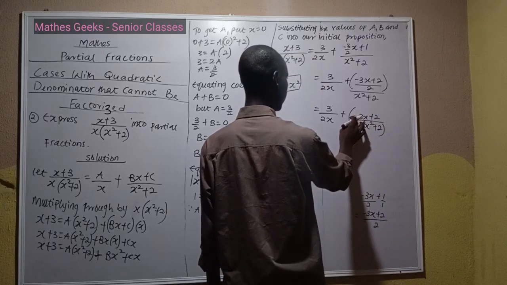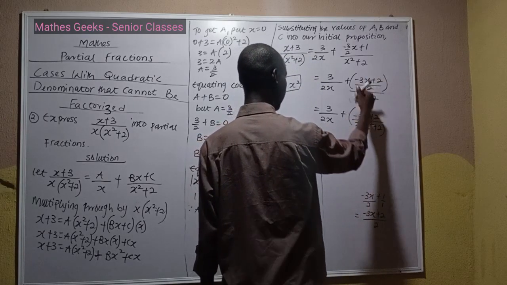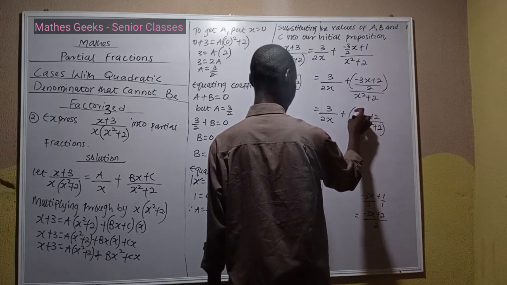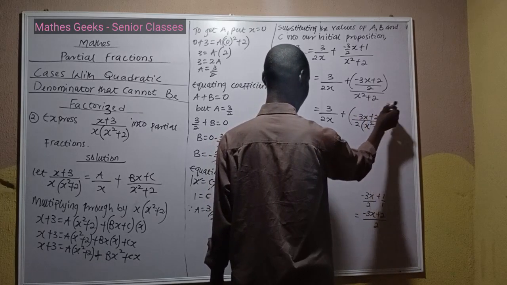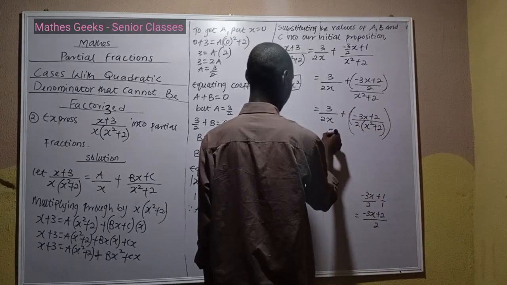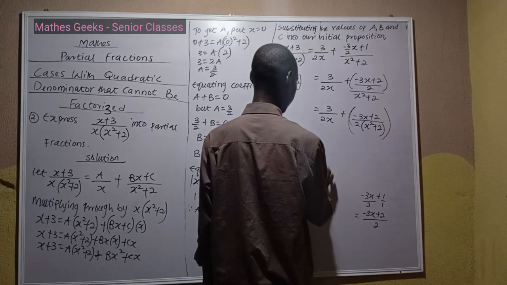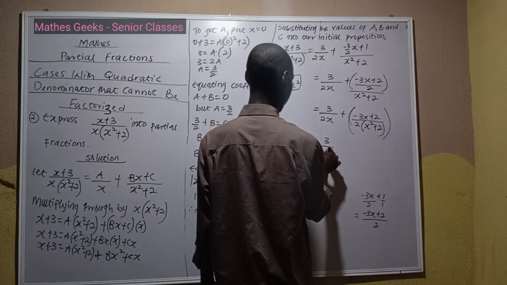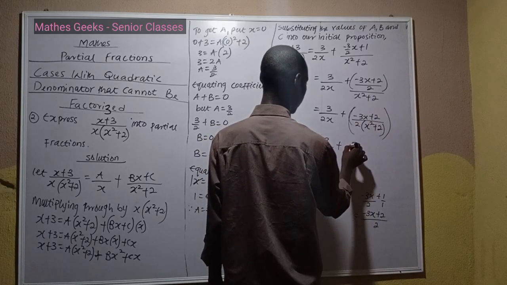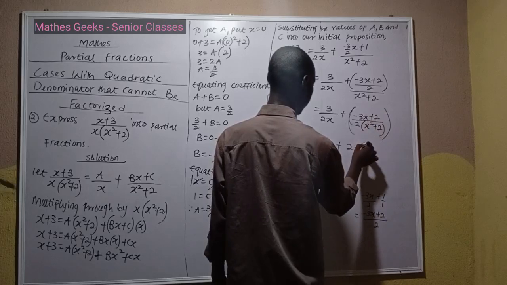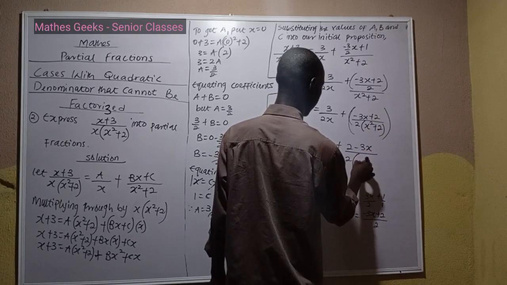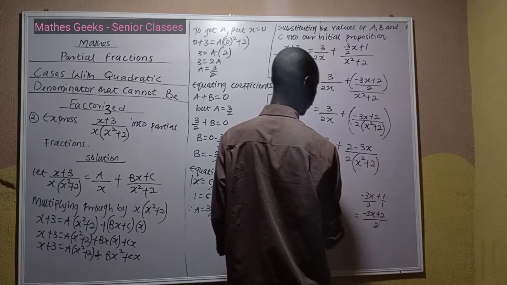Because this sign is not a general sign that affects the whole expression, it's only this part of the expression that it affects. So we're going to write this first, so that it doesn't affect the plus sign here. This plus 3 over 2x plus, bring it plus 2, then minus 2x over 2x squared plus 2.